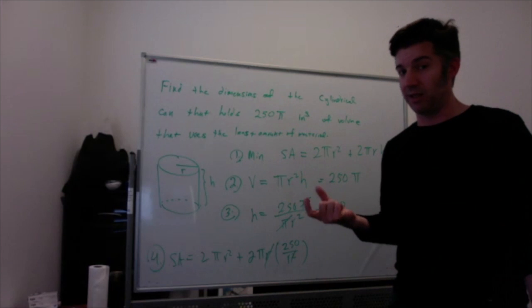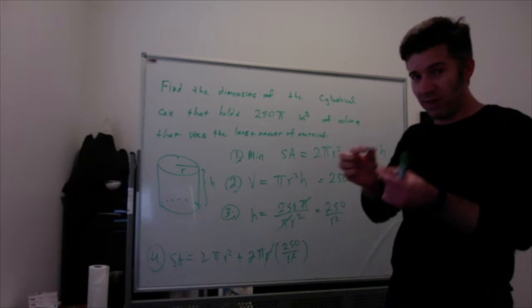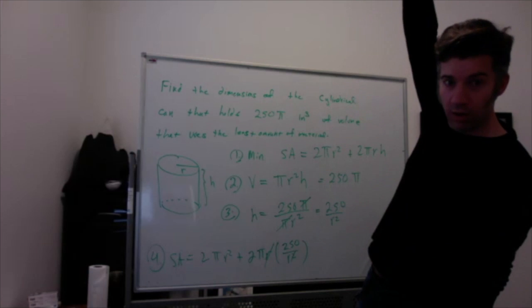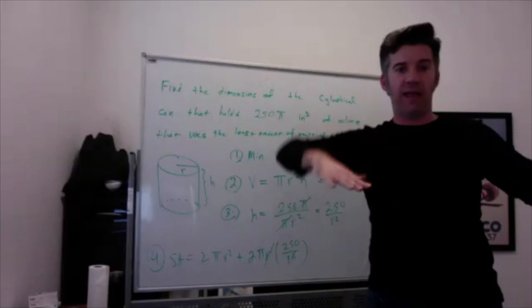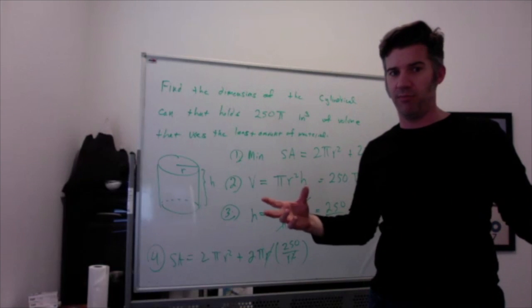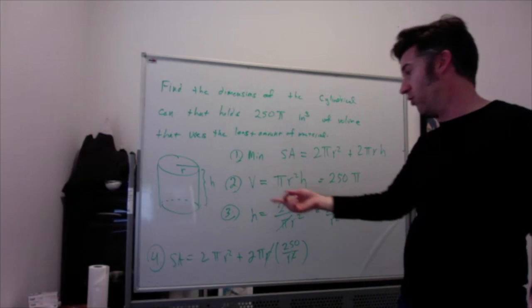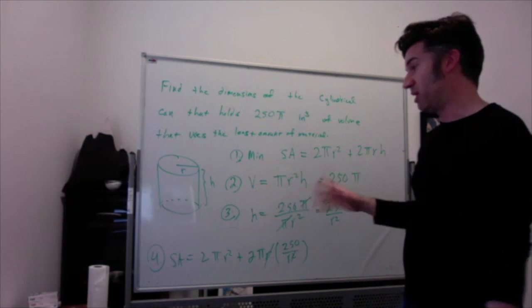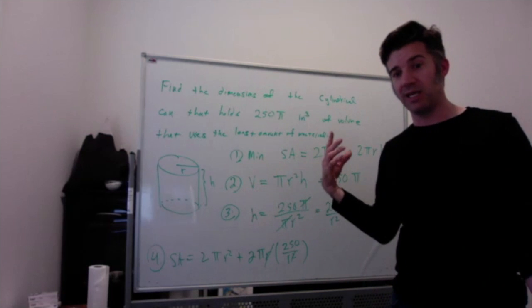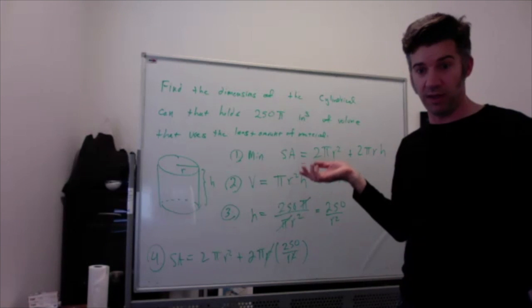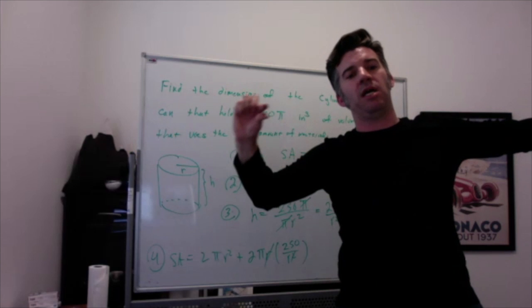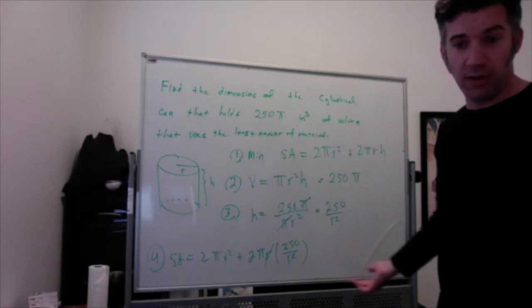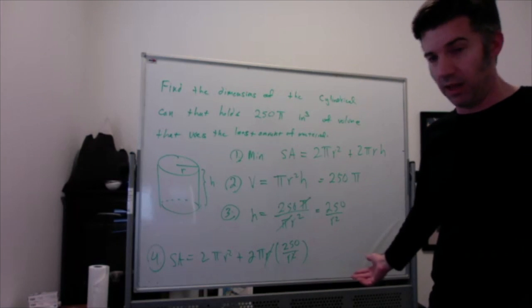You can have a radius that's slightly bigger than 0. So you could have a super tiny, super tall can, that would be dumb. Or you could have a super wide, super flat can, which to me feels like a pancake, which would hold that much volume. But the point I'm trying to make is that the radius is between 0 and infinity. You could have the biggest can with the tiniest height, and it would hold all the volume if you made it wide enough.